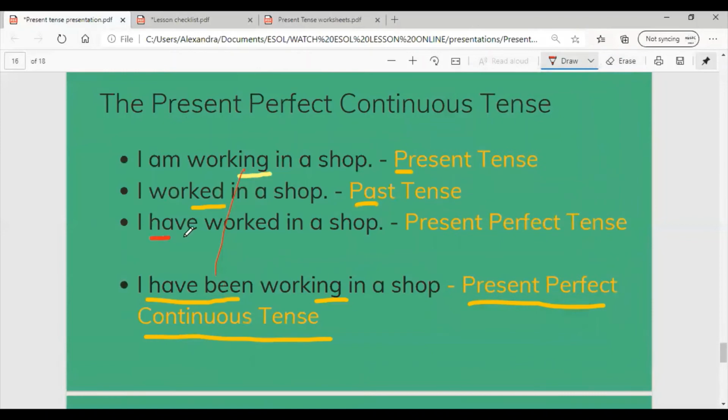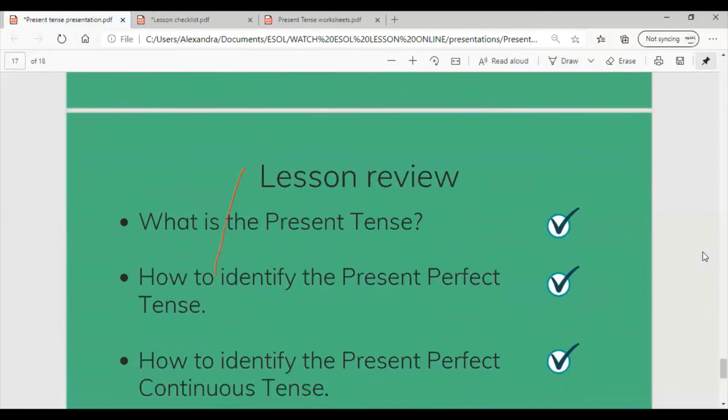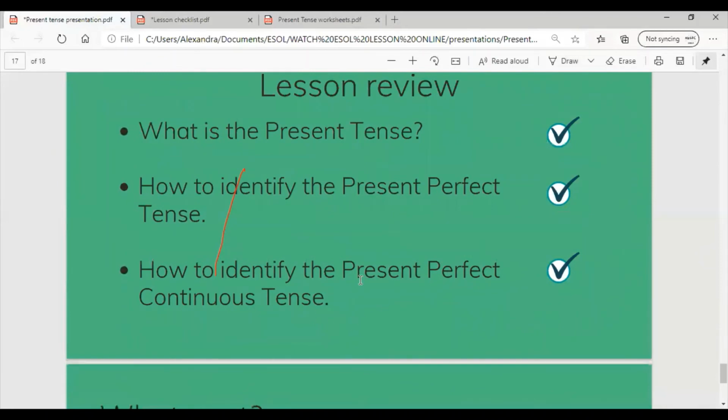You are looking for that "I have," and "I have worked" with the "ed" for our present perfect tense. A good way to learn this is just to do some practice sentences, find some root words and start adding the endings on to identify. And then we've got how to identify the present perfect continuous tense.